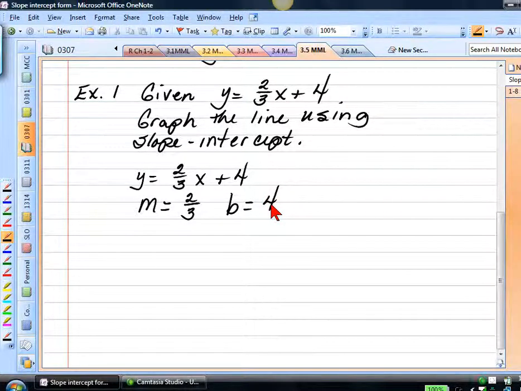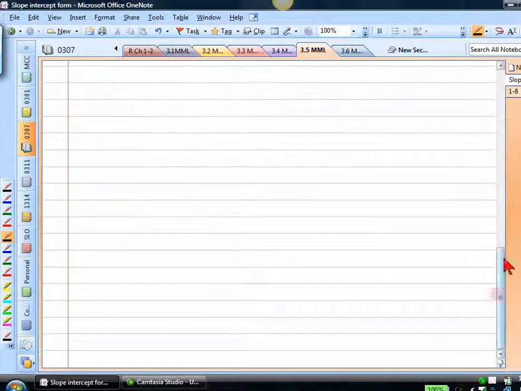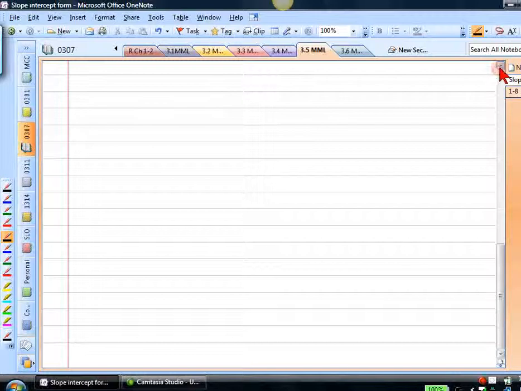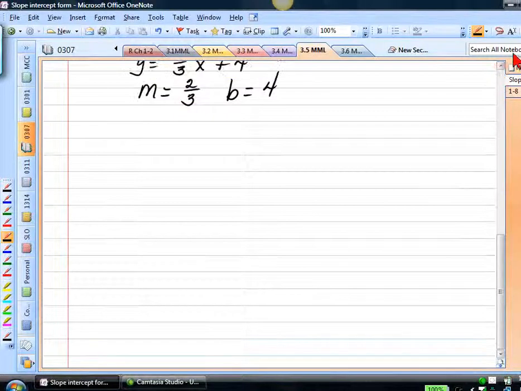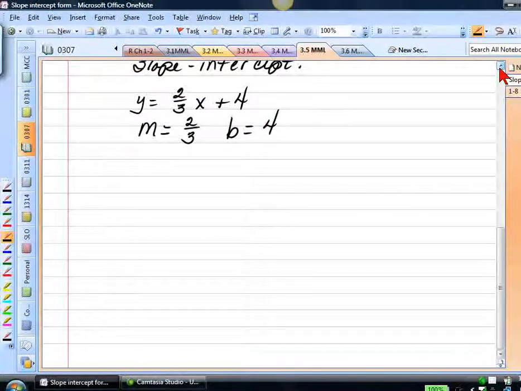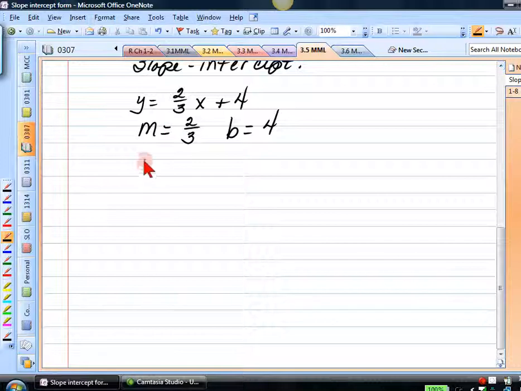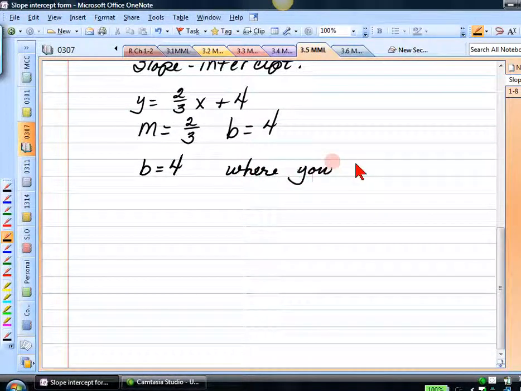Now, the letters m and b, it doesn't make a whole lot of sense to me why they chose letters m and b. M for slope, b for y-intercept. I don't know why they did it, but I've come up with a good reason. I made something up. All right. I'm going to start with b equals 4. And this is where you begin.